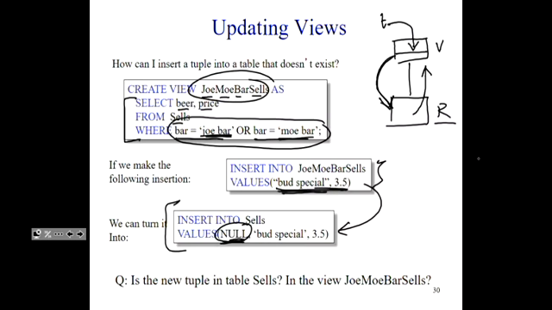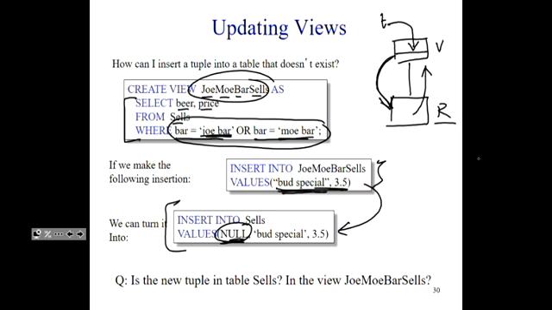So even though I've taken this tuple and pushed it all the way to the base relation, when I'm applying a selection to try to find the view again, that tuple is missing. So it's weird because I've explicitly said insert this tuple into the view, but that tuple doesn't get inserted. It gets inserted into the base table, so that's fine, but it doesn't get inserted into the view.